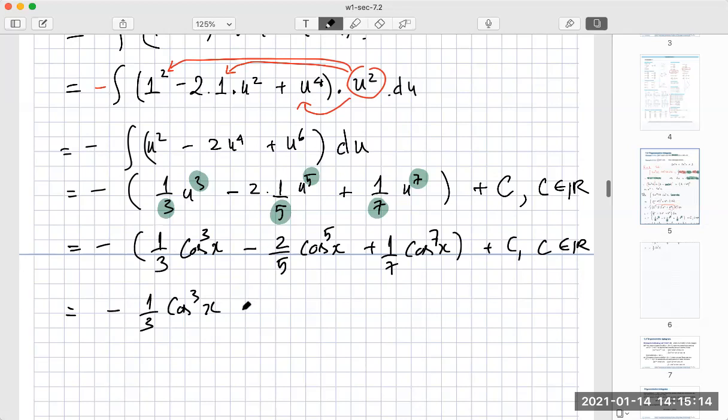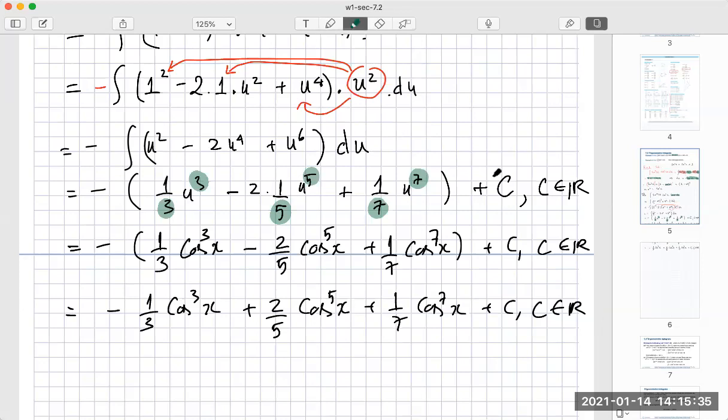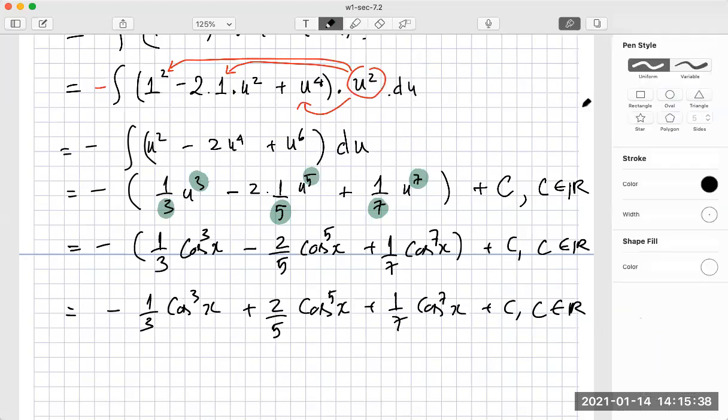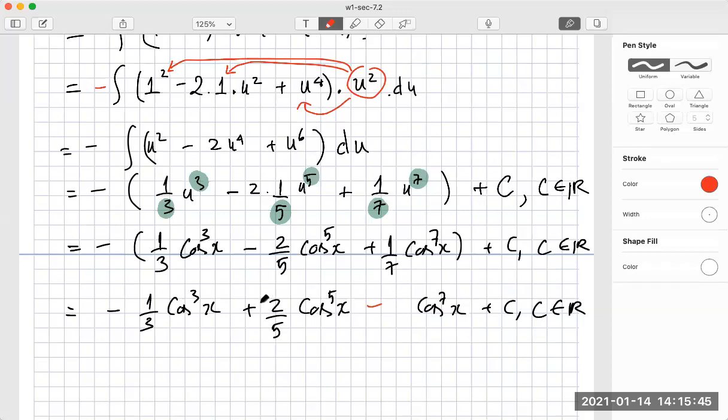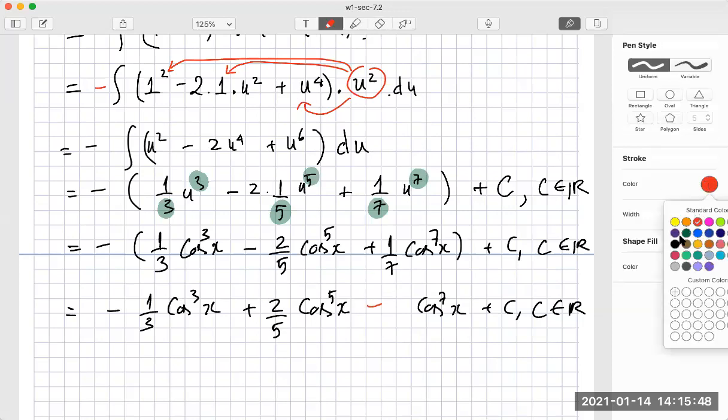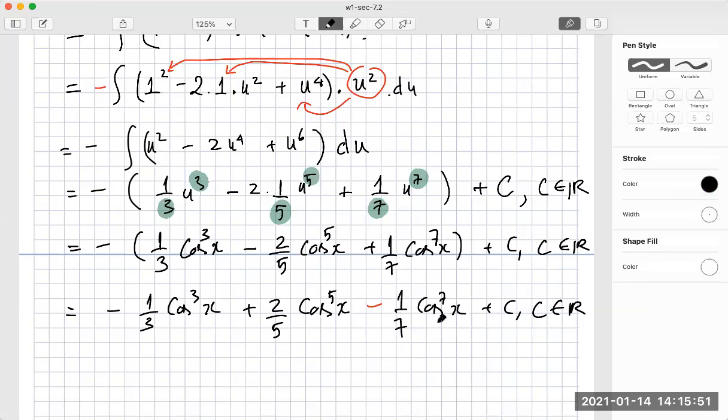We change the sign of the things here. Okay, very good. Good catch. Thank you. So be careful with the signs. It's very dangerous. Negative here. Thank you.